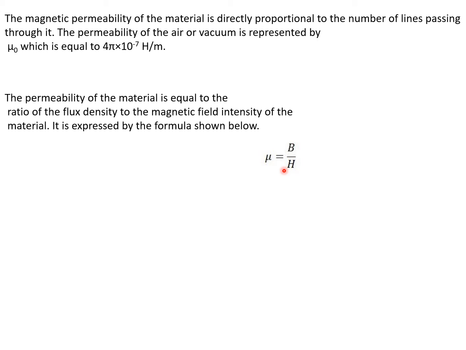One is absolute permeability, denoted by mu 0, which is constant, 4 pi into 10 raised to minus 7. And second is the relative permeability. This is the formula for it, where B is the magnetic flux density and H is the magnetic field strength.